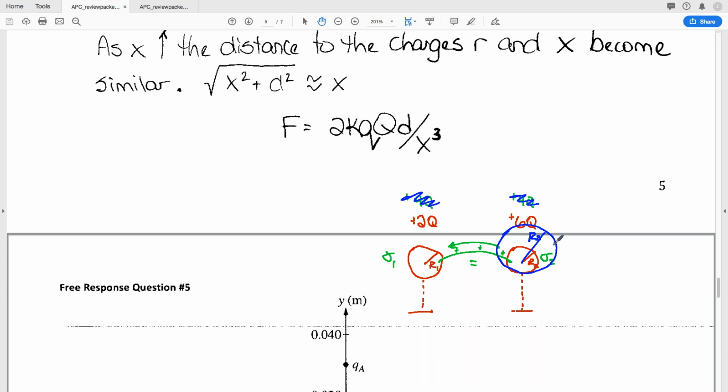The reason is there's way more surface area on the right. Unless we know how much surface area there is, we can't say exactly, but it's going to go down to a smaller amount. I'm going to make up a number and say we're still going to have a total of 8 units. This one's going to go down to plus Q, and this one might go up to plus 3Q. But we can see that the difference is much less.